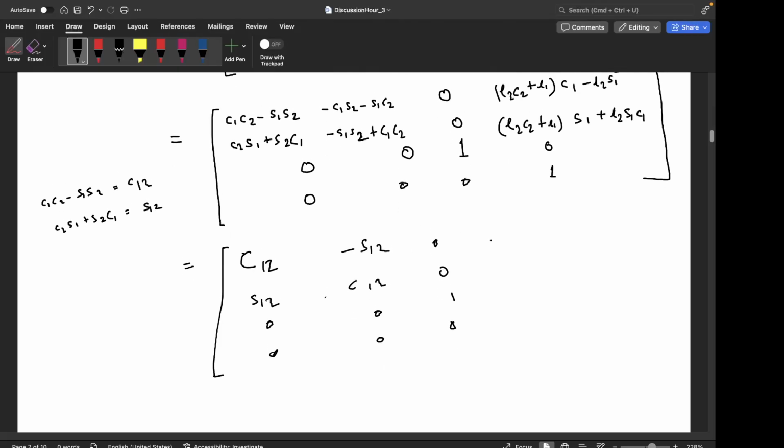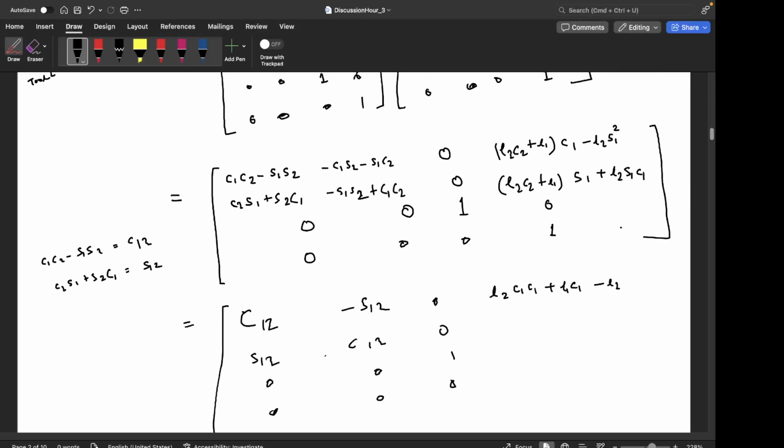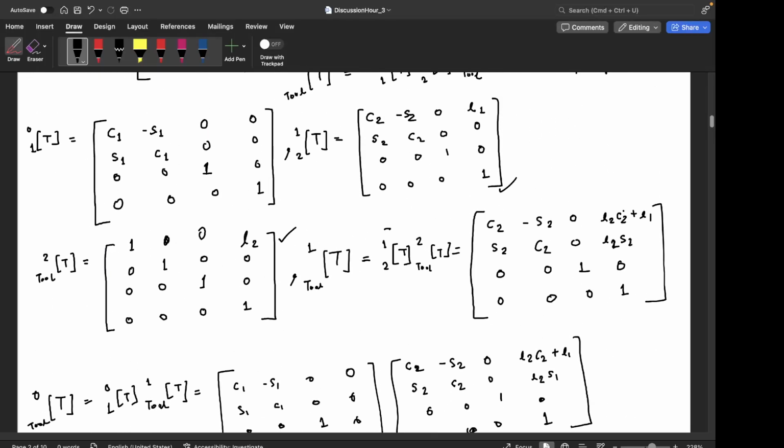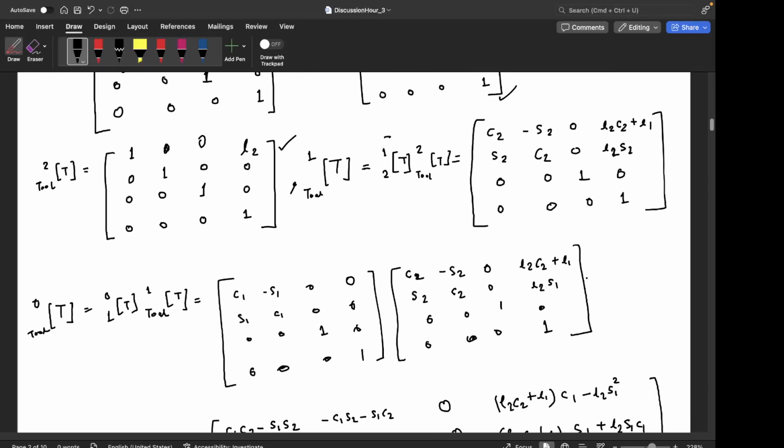Okay, and here what we have is L2 C2 C1 plus L1 C1 minus L2, just a second, L2 C2 C2 C1. I think here it would be, yeah, here it's S2, right? Here it is S2, yeah.